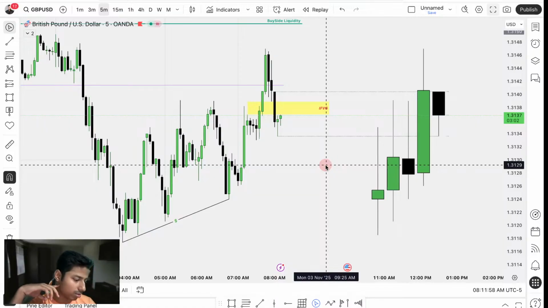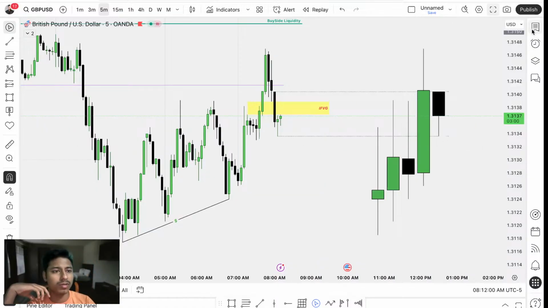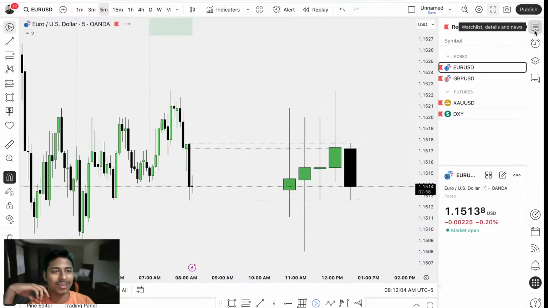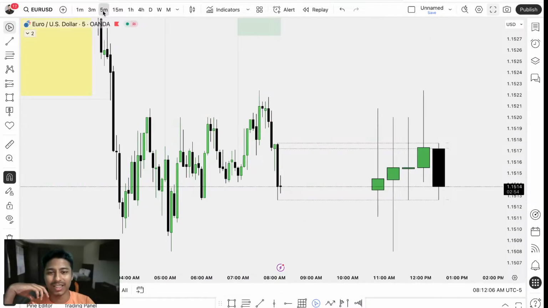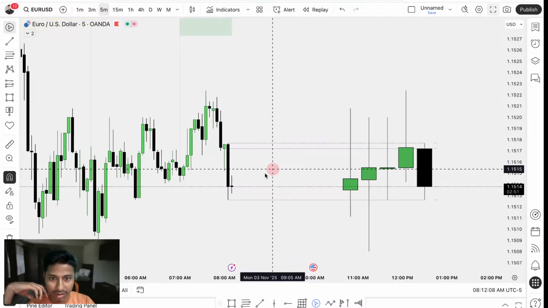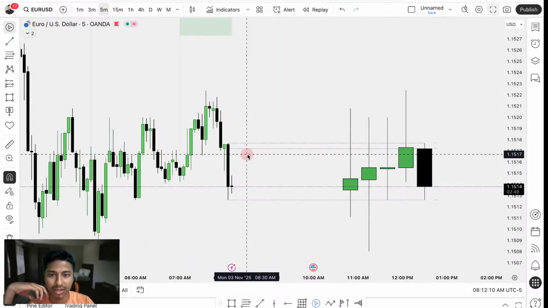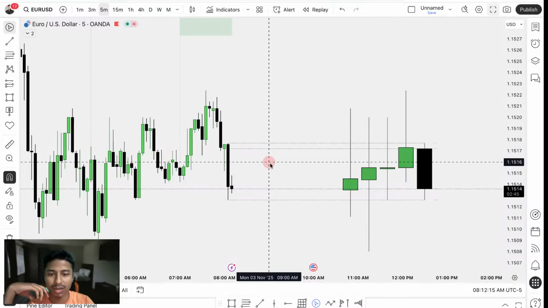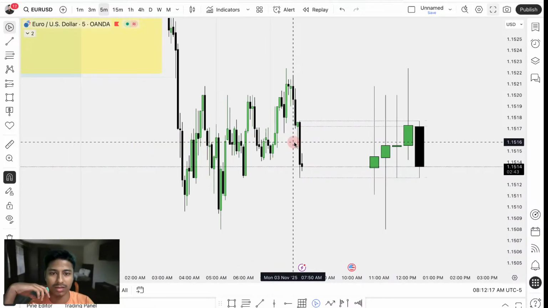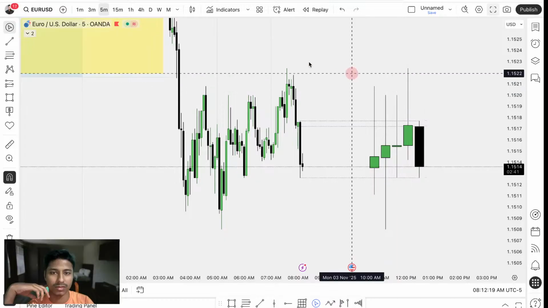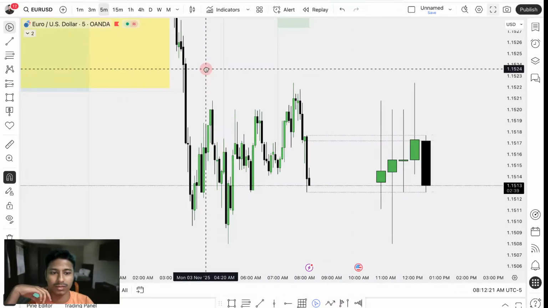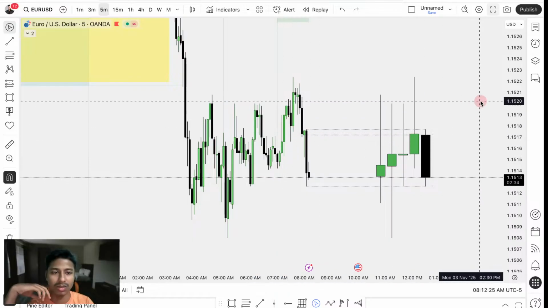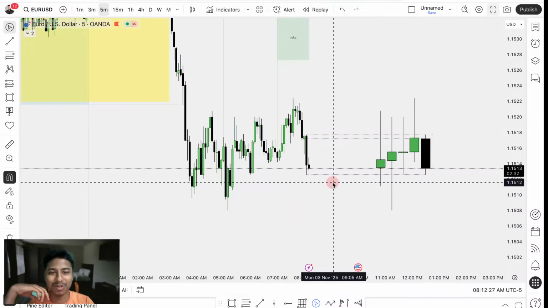In short, yeah, Euro USD is falling, but I don't know how you guys sorted Euro dollar. Like this is a structure shift, but it's not a retracement to the order block. Anyways, it's going lower. You guys are in profit.